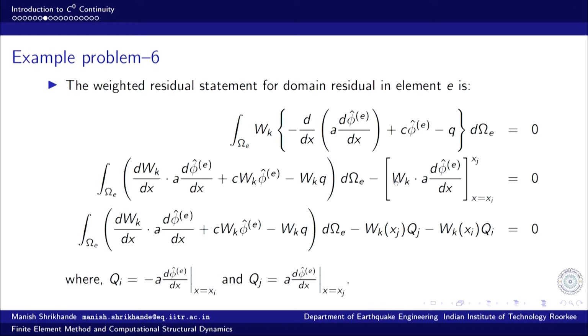So, replacing this weighting function by the unknown of the problem, that becomes the primary variable of the problem, and this is of course the secondary variable of the problem, and we define the secondary variables as q i and q j just for notation purposes.